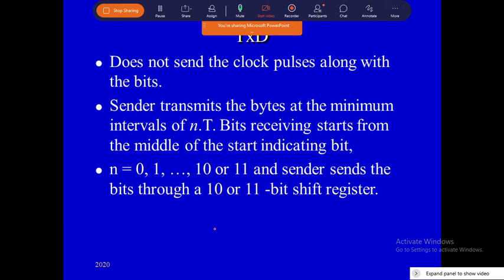Bit receiving starts from the middle of the start indicating bit. Whenever the data bits start, the first bit will be a start bit, the last bit will be a stop bit, and the middle will be data bits. Here n is equal to 0, 1, 2 up to 10 or 11, because the P bit is optional, and the sender sends the bits through a 10 or 11 bit shift register.